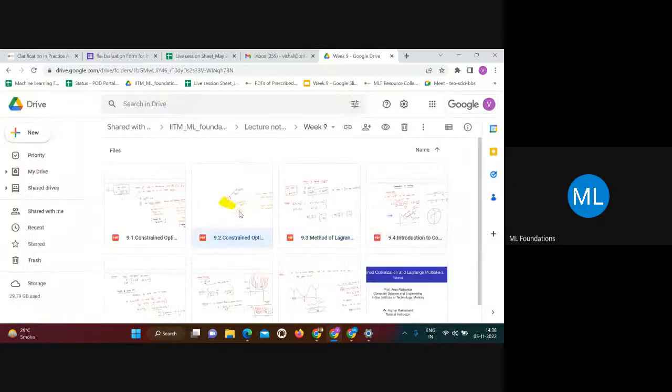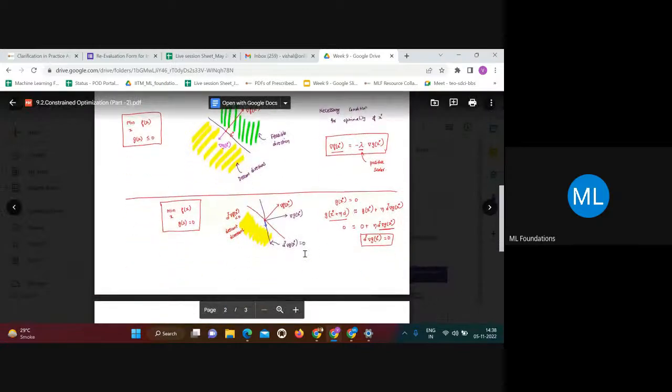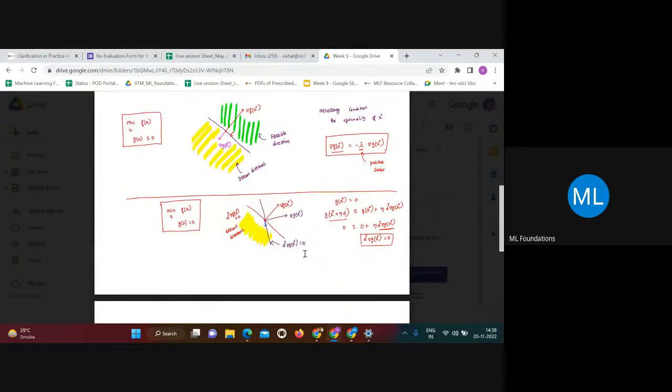If I'm taking, for example, x equals 3, you can't say this x equals 3 should hold for g(x) also and f(x) also. At that same point, the function should satisfy the conditions, and at the same point the function should be minimum.